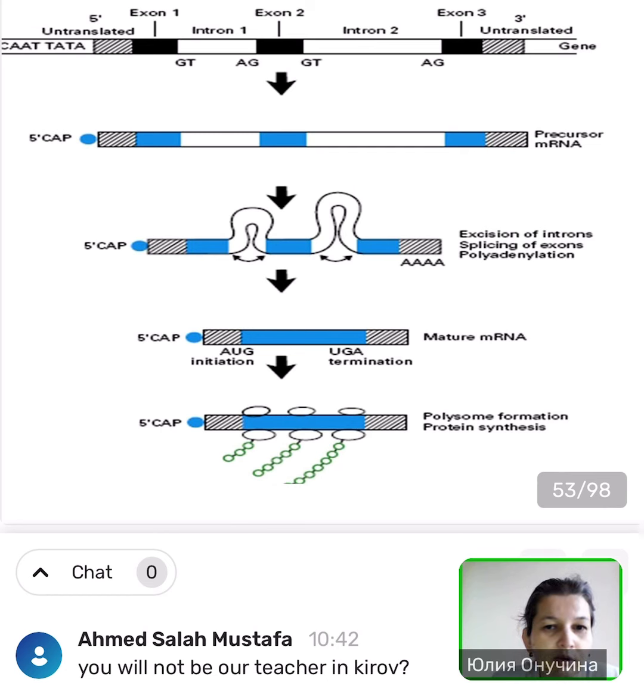Spliceosome includes small nuclear RNA and enzymes, nucleases, that will remove these introns, and after that the enzymes ligases will connect exons together. Connection may be different, and this again you must ask in your lessons from your teacher.